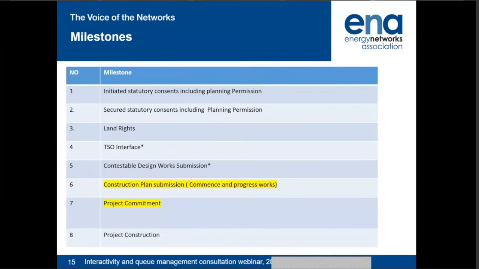This is in recognition that the existing milestones were developed with distribution customers in mind, and overall it was felt that we needed to have something which reflects the longer development process that projects at the transmission level can require, and ensuring there's a fairly regular pace of milestones along the project development path, i.e. we don't want to have a long period between securing planning permission and actually putting a spade in the ground with no milestones to measure projects in that intervening period. And we know a lot can happen in the process.